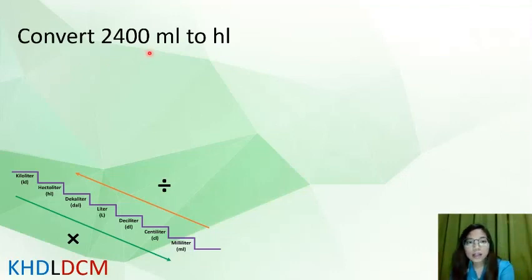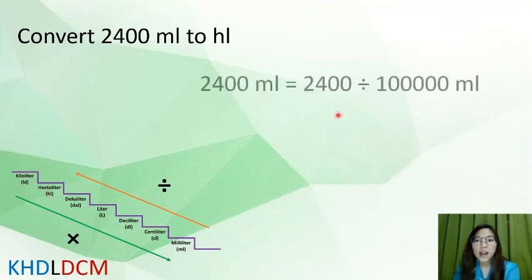Next one. Convert 2,400 milliliters into hectoliter. So now, milliliters to hectoliters. So that's going up. So we're going to use division. But by how many? How many milliliters are there in a hectoliter? So starting by 10, multiply it by 10, another 10, another 10, and another 10, and it will give us 100,000.